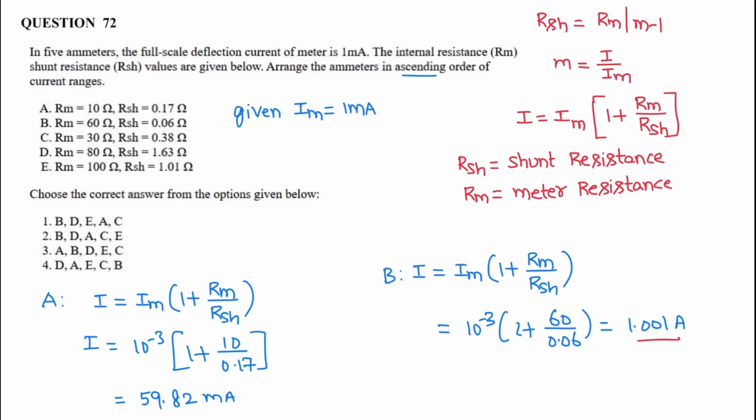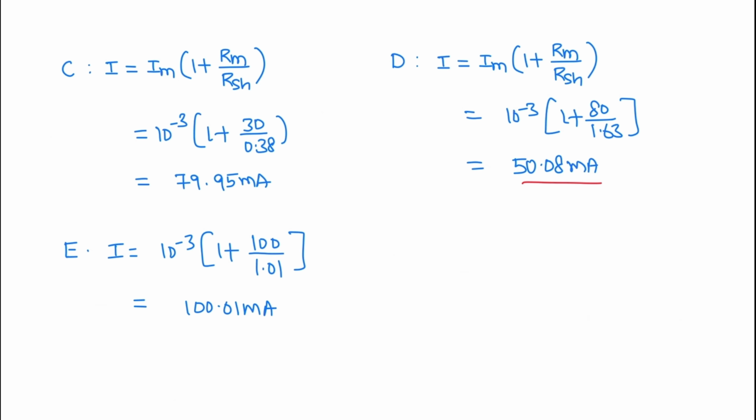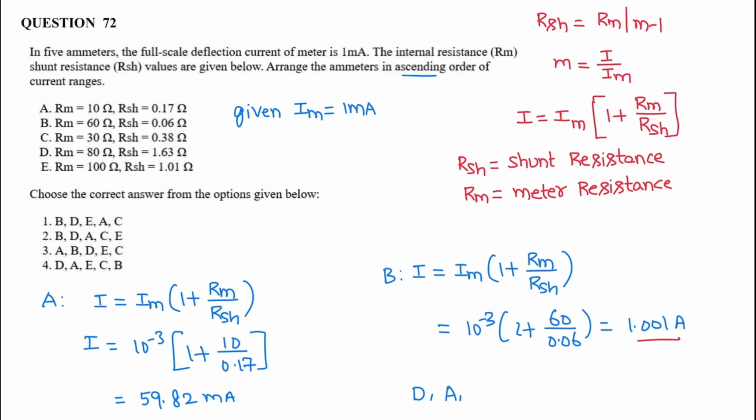So the first value is D, followed by A, 59 milliamperes, and then C, E, B. Therefore the correct answer is D, A, C, E, B. In the given options, option 4 is partially correct. D is having lowest and B is having the highest. Here, strictly speaking, none of the options is correct.